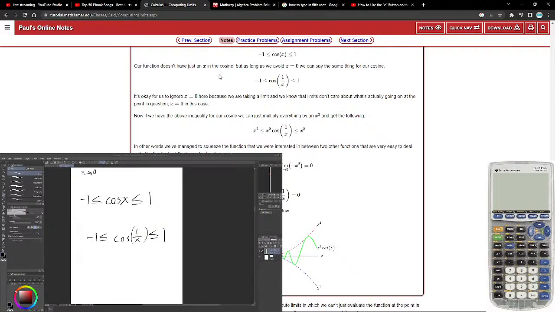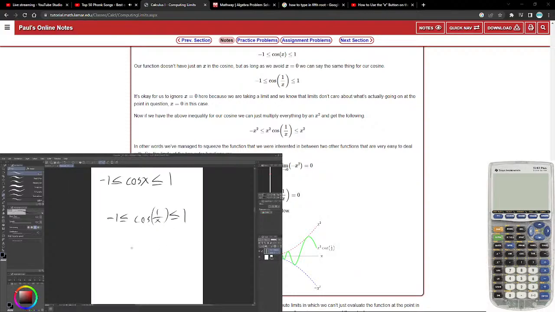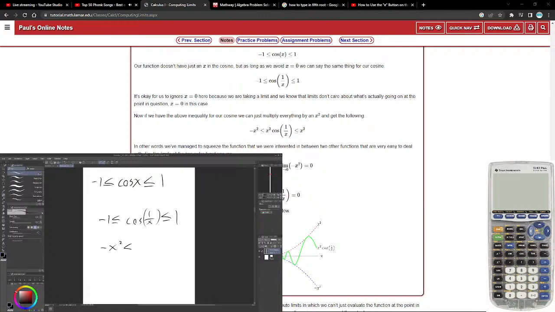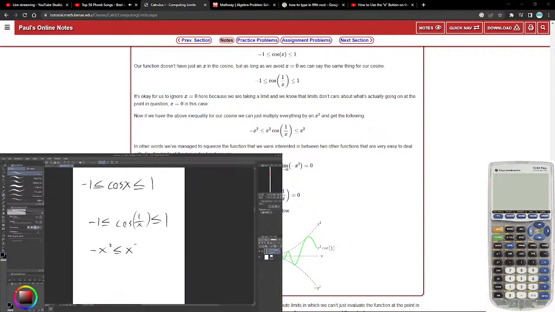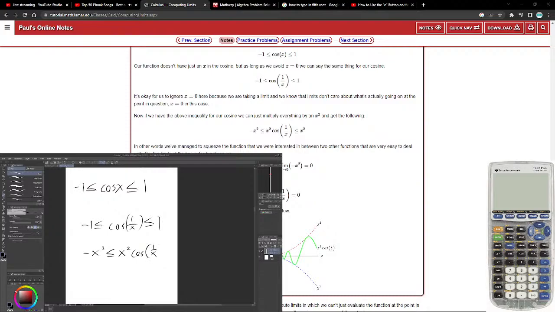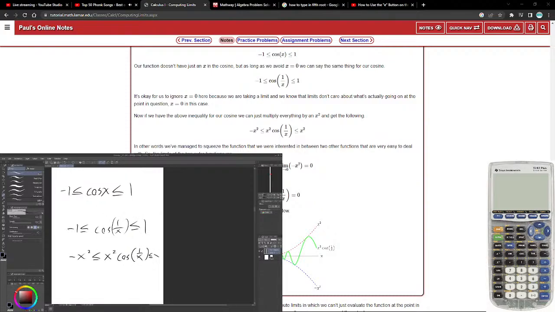We don't care what's going on at the points. Multiply everything by an x squared. In other words, we managed to squeeze the function that we were interested in between two other functions that are easy to deal with.